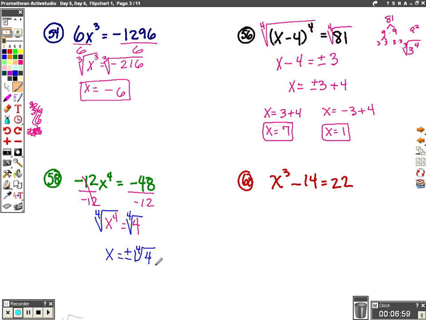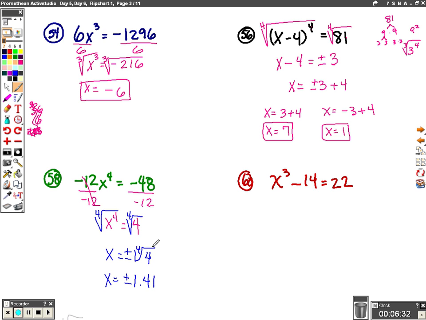Now I could type that into my calculator, fourth root of 4, and approximate it. Let's see. It gives me plus or minus 1.41. Now, how could I find that on my calculator? How do you do the fourth root of 4?